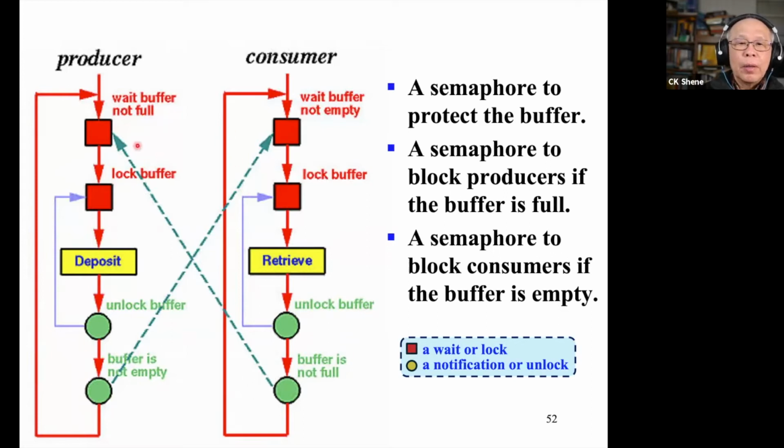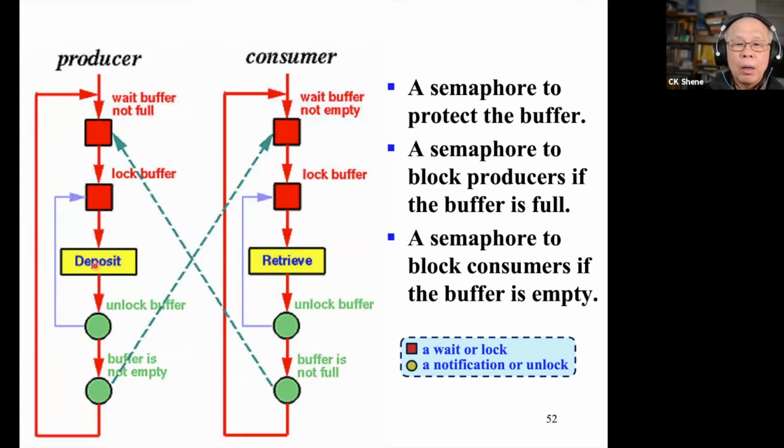Therefore, this producer, after knowing that the buffer is not full, proceeds to lock the buffer. If successful, this producer is the only thread that is able to access that buffer. So the deposit activity is in the critical section corresponding to the buffer.